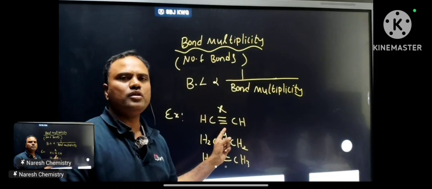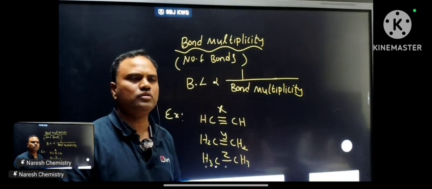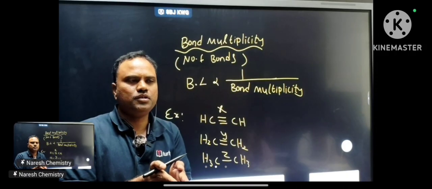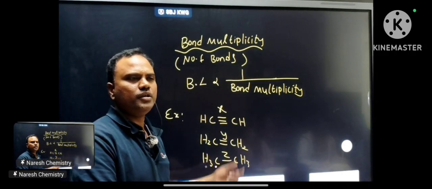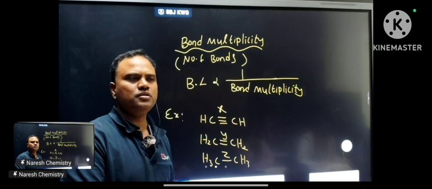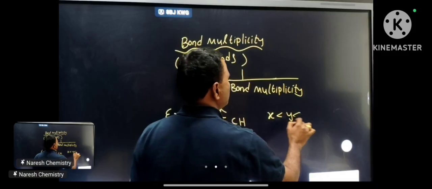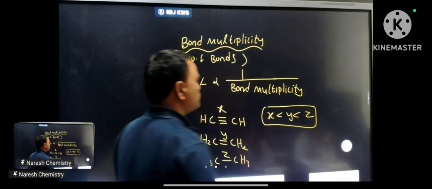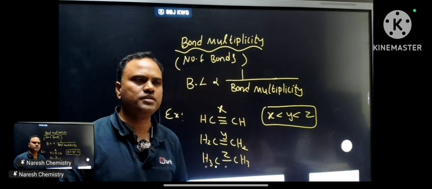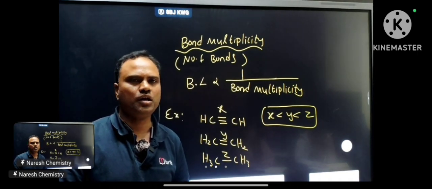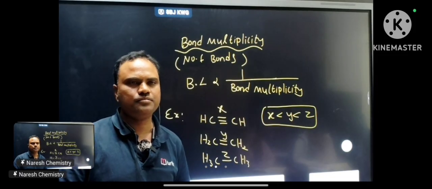Here the number of bonds is more, which means bond multiplicity is more, then bond length is less. So this length is less. X value is less compared to Y, Y value is less compared to Z. X is less than Y is less than Z. So in alkynes, carbon-carbon bond length is less than in alkenes.